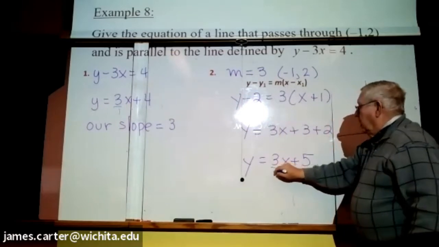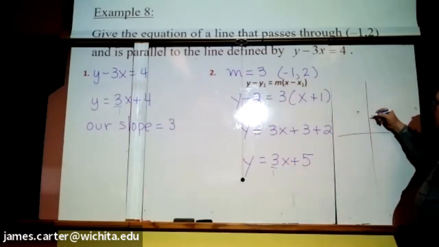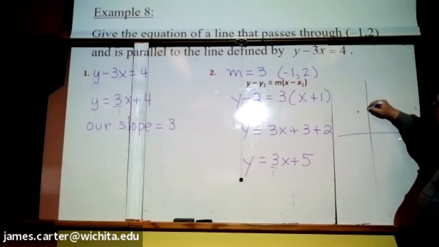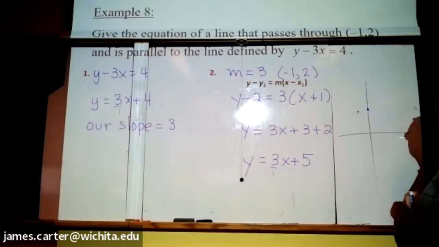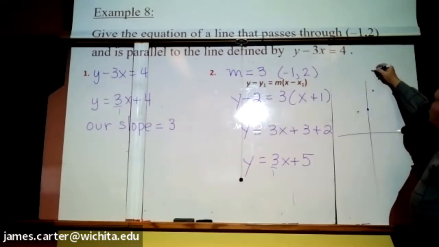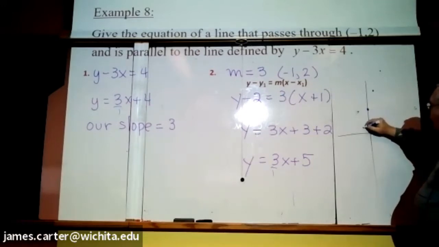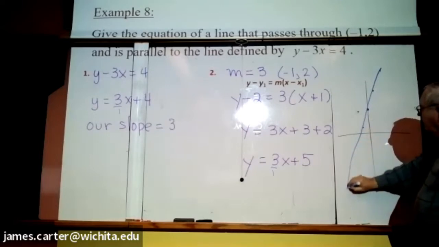Here my slope again is 3 over 1. In the first example, my y-intercept is 0, 4. So I go up 3, 1, 2, 3, and over 1. 1, 2, 3, and over 1, down 3, and over 1. And I get this line.